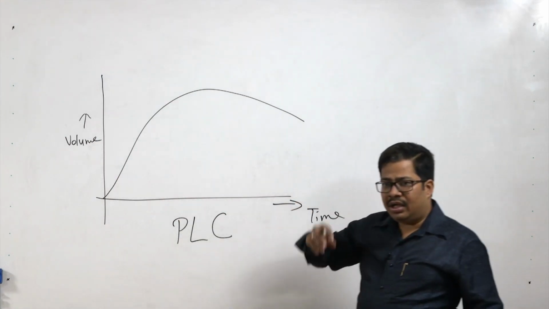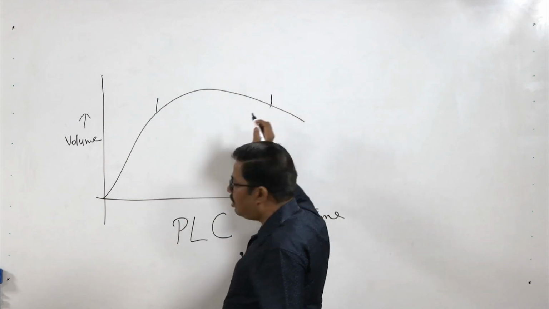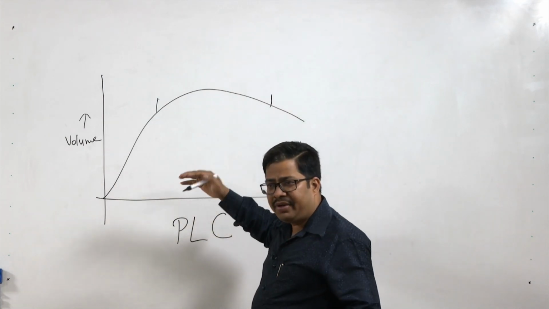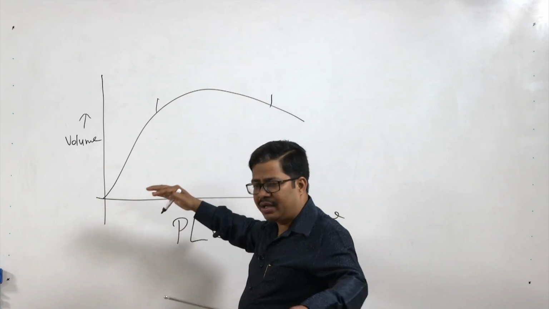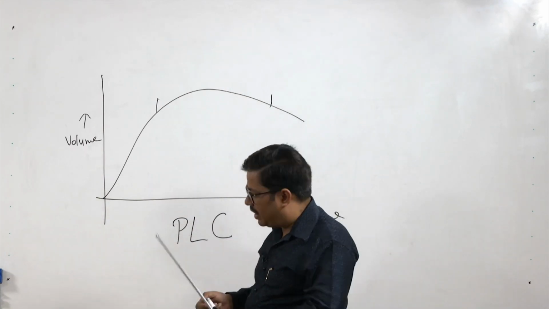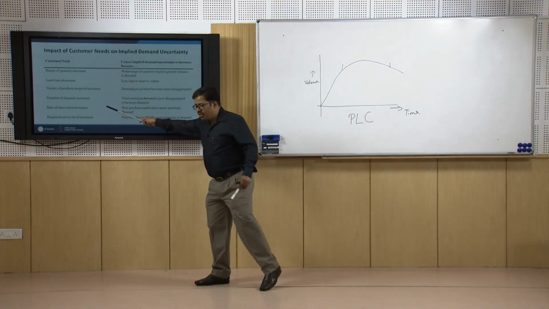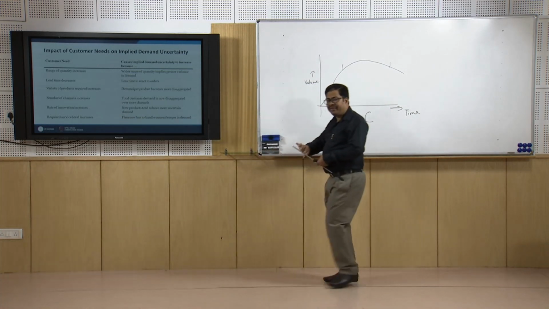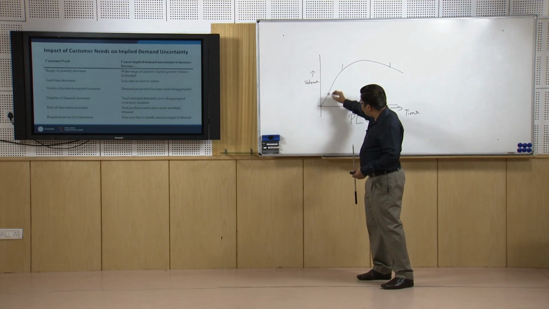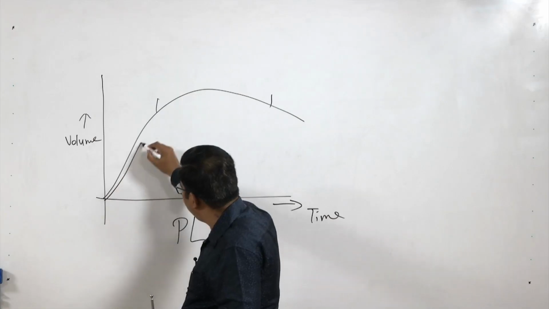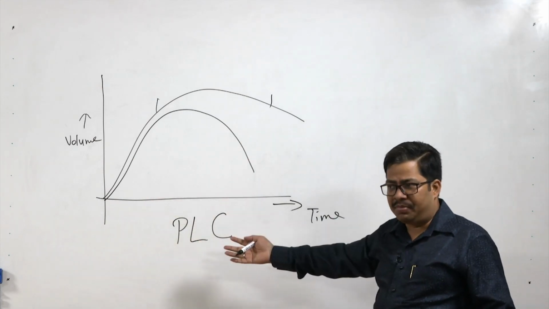Earlier we used to have a sufficiently long maturity period, during which demand was almost very certain, almost static kind of demand. But nowadays, because of this innovation, you will not find a longer maturity period. A product comes, reaches a particular level and immediately declines because a new product comes into the market.